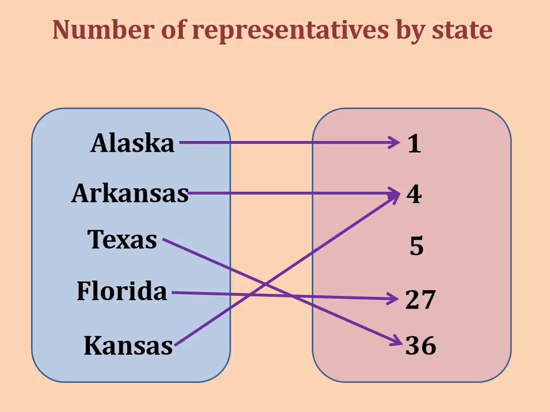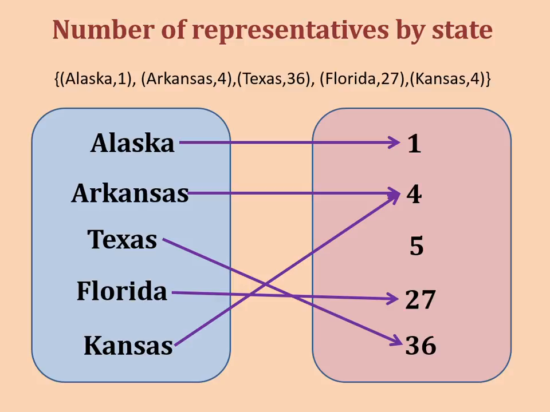Another way of illustrating this relationship is a set. The braces on the end indicate the set, and the ordered pairs are in the order of state, comma, representatives. And so the state is what produces the answer for the representatives.